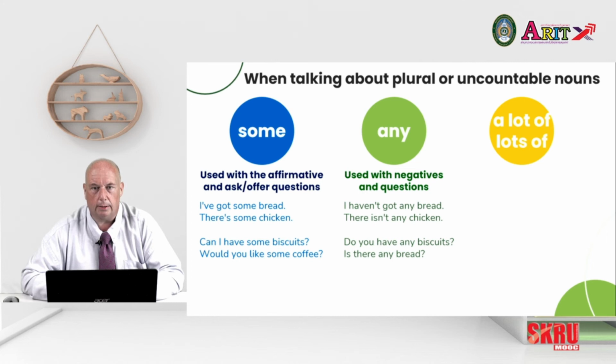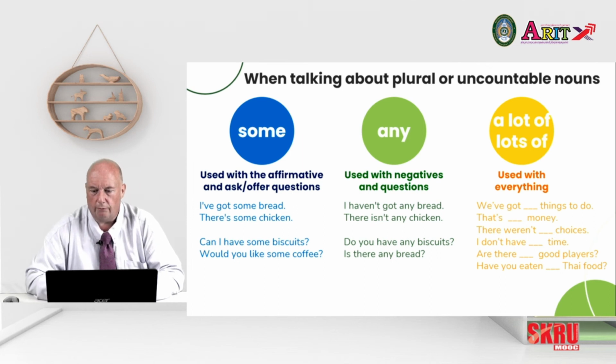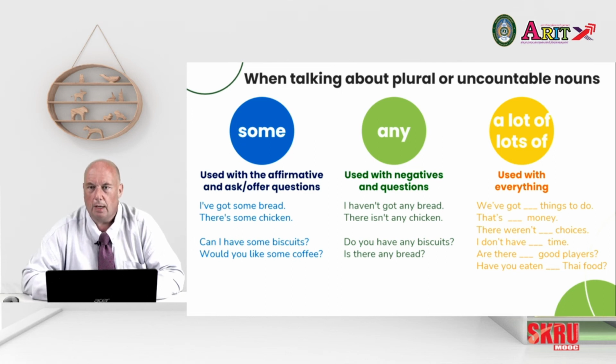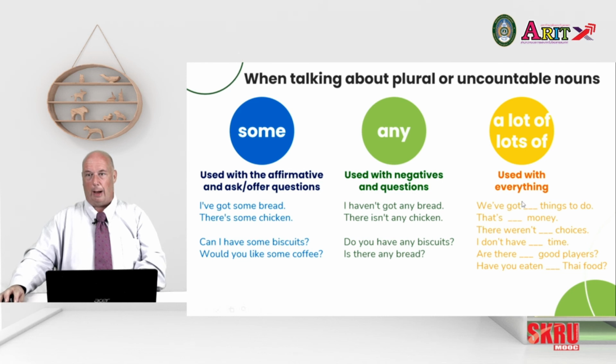Is there any bread? The uncountable. And a lot of or lots of, we can pretty much use with everything. A lot of or lots of are pretty much interchangeable, which is why I left that as a gap here on the screen.